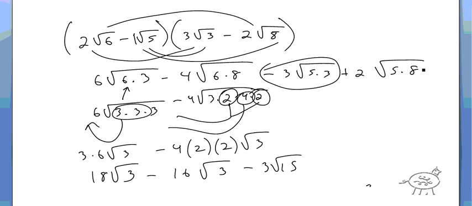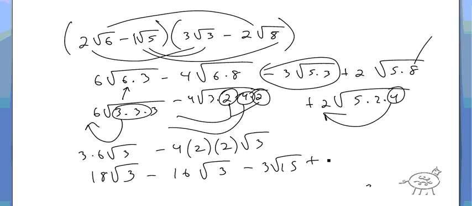And this one, I can actually simplify the 8. Okay, so it's plus 2, and it's 5 times 2 times 4. So I can pull the 4 out. So it's plus 2 times 2 is 4, and I have root 10 left over. So the only thing I can combine are the first and second terms right here.